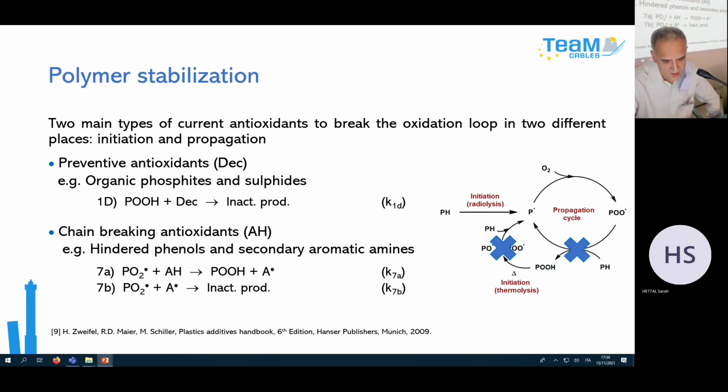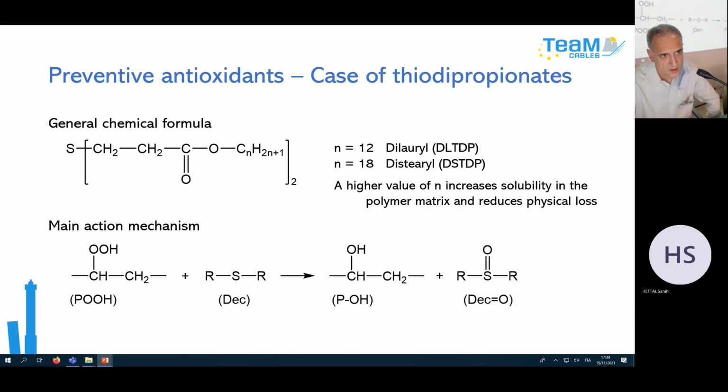So if we have a look at these two types of antioxidant, if we consider thiodipropionate as a preventive antioxidant, you have two molecules which are currently used in industry.